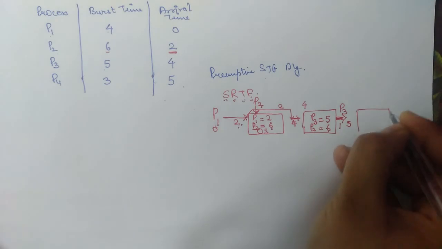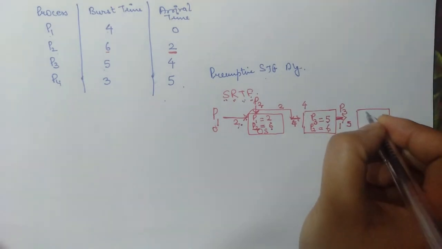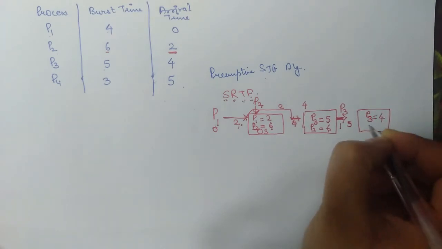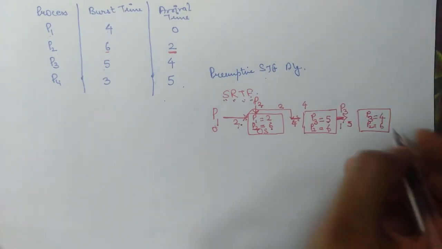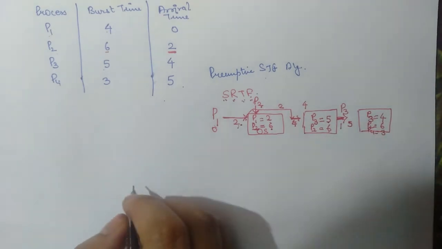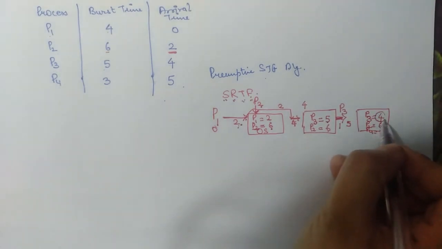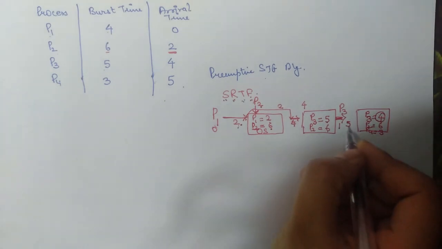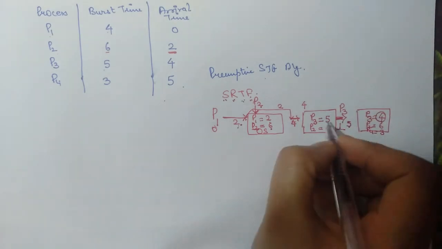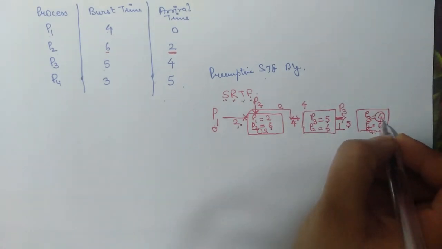Now what is the current status of the ready queue? P3's remaining time is 4, P2 is of 6 time units, and P4's burst time is 3. The remaining time of P3 is 4 because currently the machine's time is 5 and it has completed 1 unit, and the remaining portion is 4.